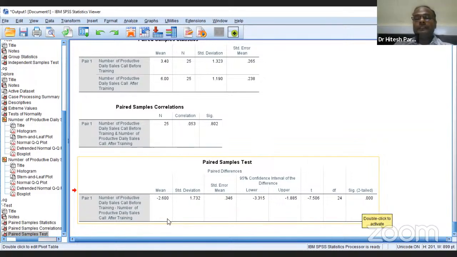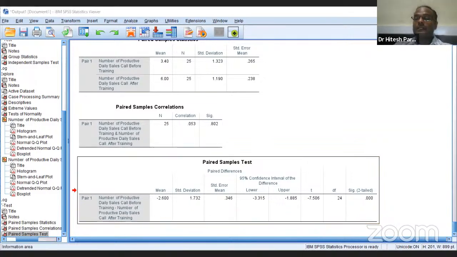Now, a significant difference doesn't necessarily mean that it is indicating improvement every time. Please remember, a significant difference means there is a statistically significant difference between the before mean and after mean. But it does not necessarily mean there is an improvement, right?